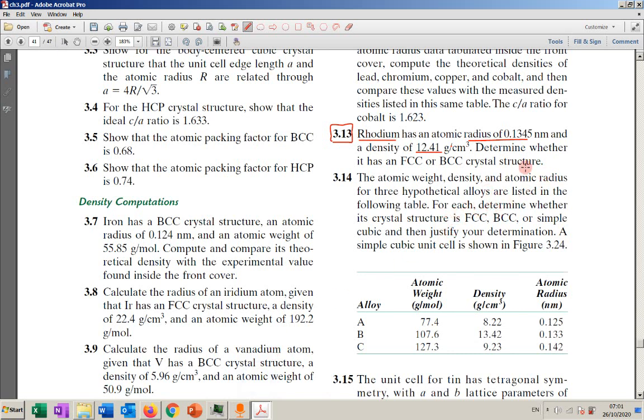from internet. So we want to determine whether it has an FCC or BCC crystal structure. Now from density we can calculate crystal structure, but it's a bit tedious calculation. You have to go through a lot of process in order to find the right crystal structure.